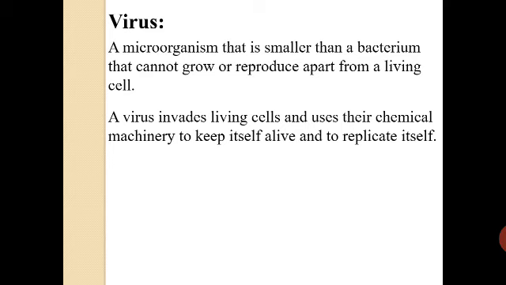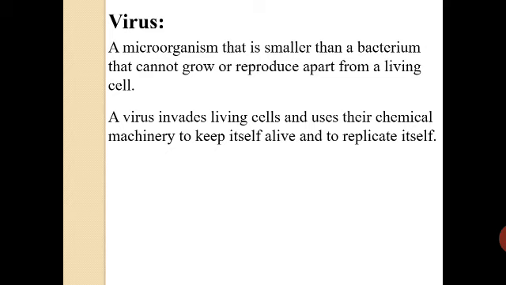and to replicate itself. The meaning is, once the virus enters the living body, then it enters the cells of the body, and then from the cells of the living body it gets the proper nutrients, that is called chemical, and once it gets proper nutrients it becomes active.